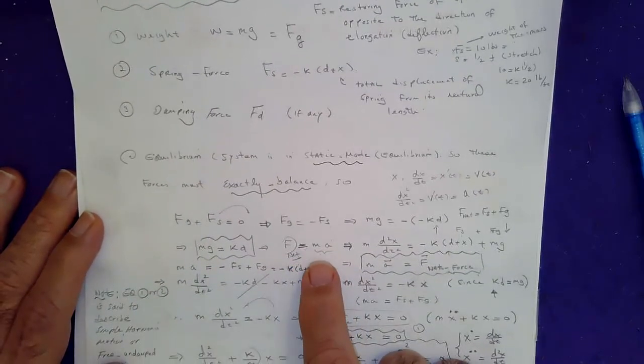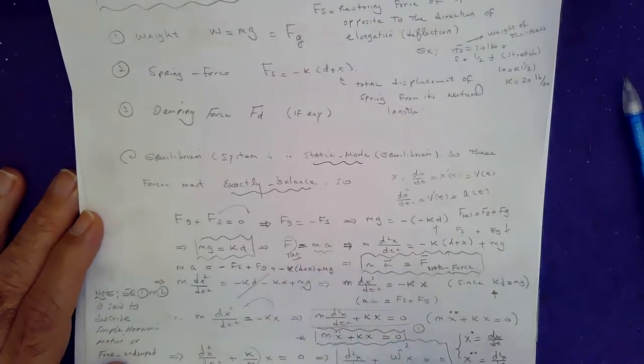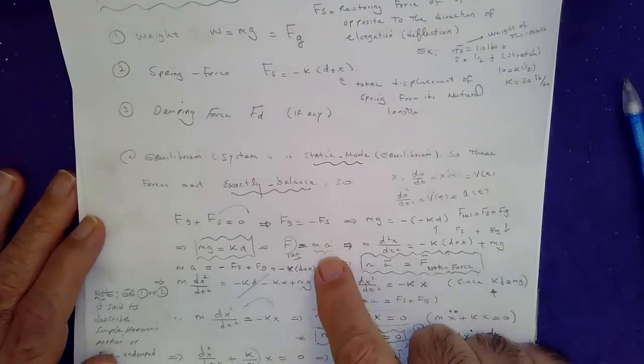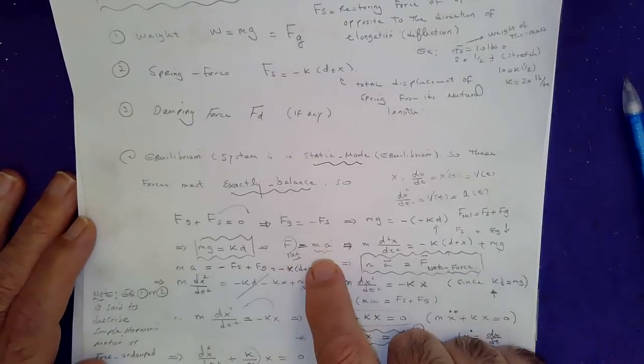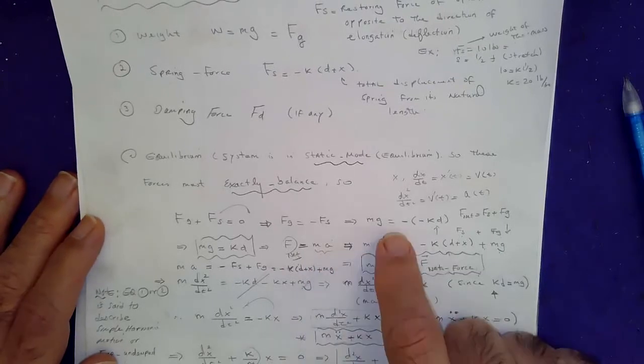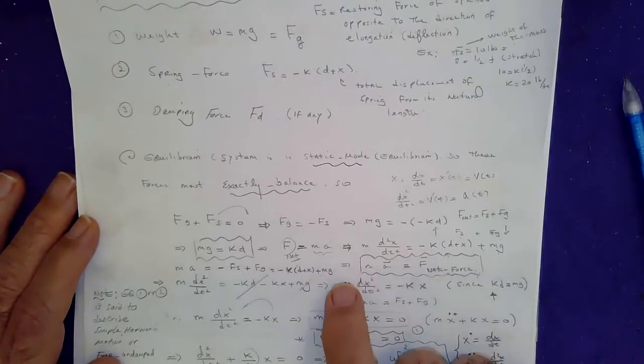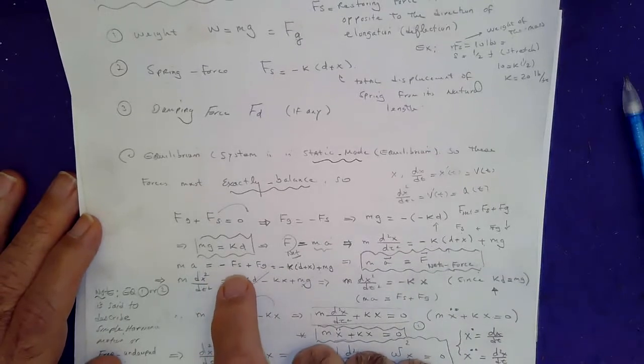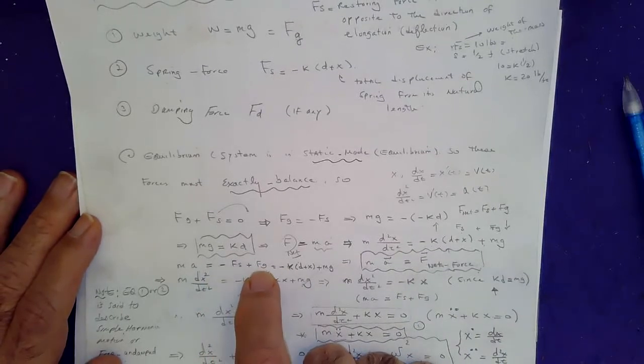However, the minute you exert an external force and push the mass, let's say, downwards, then Newton's second law of motion kicks in, which is ma. So ma would be equal to minus Fs plus Fg.